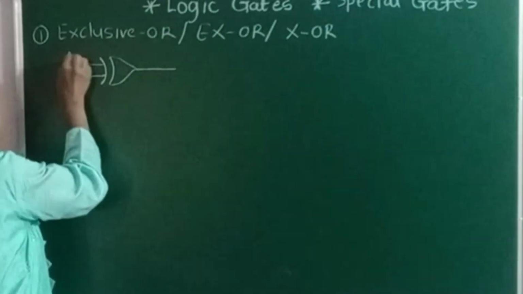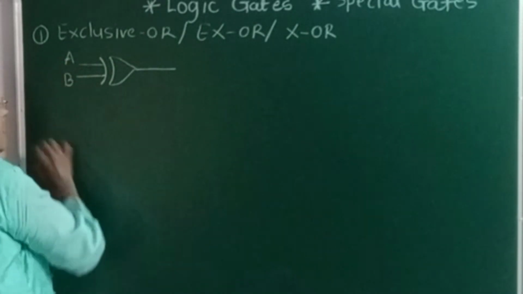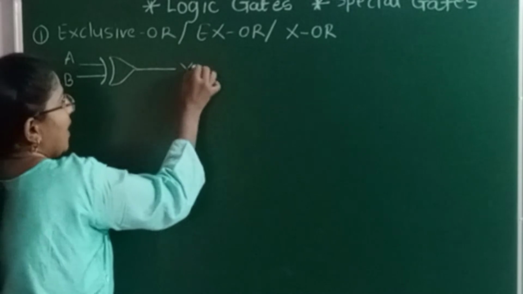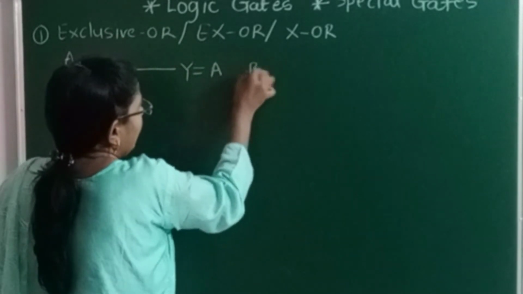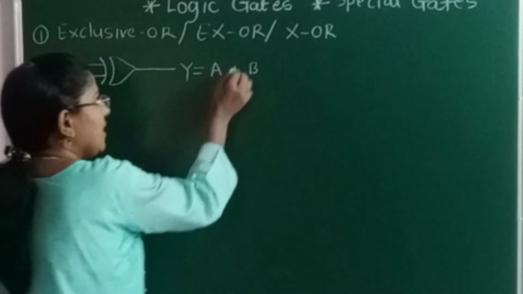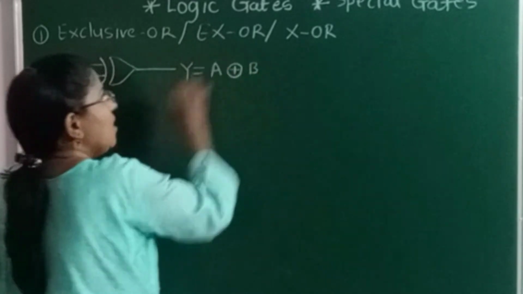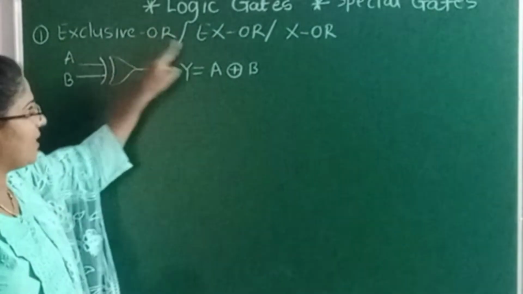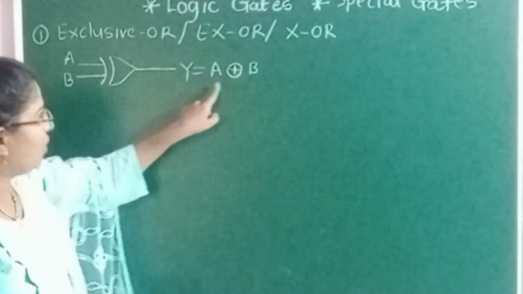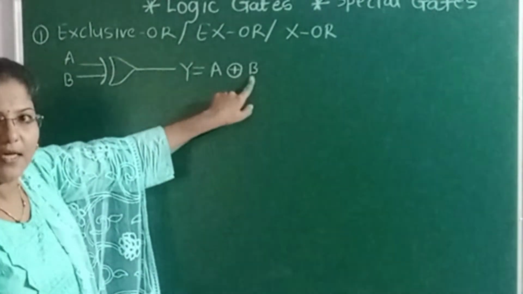Suppose the first input is A, second one is B, output is Y. To represent this exclusive OR, the plus sign is used inside the circle. So plus inside circle indicates the exclusive OR, that is XOR gate, of the input combinations A and B.